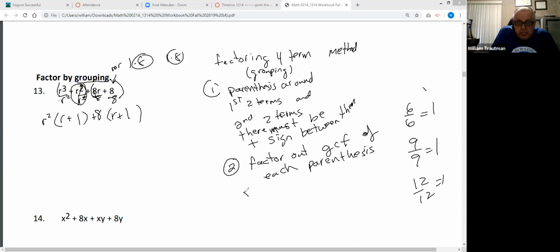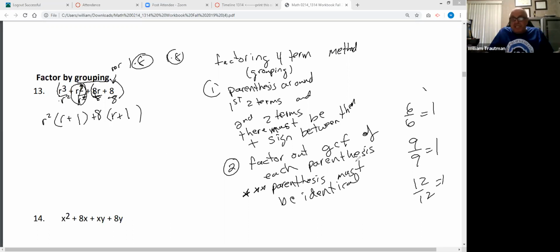This is really important when you factor out the GCF of each parentheses. The parentheses must be identical, or you can't continue.